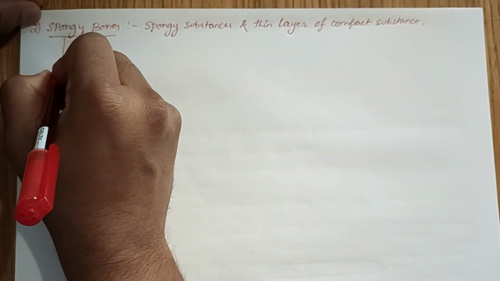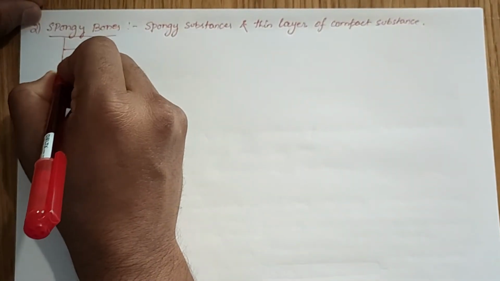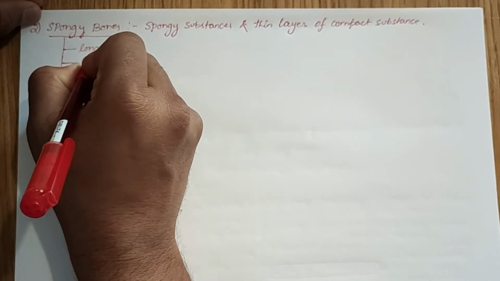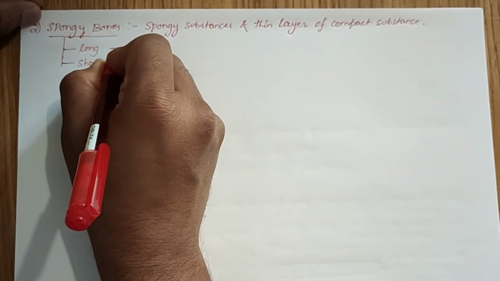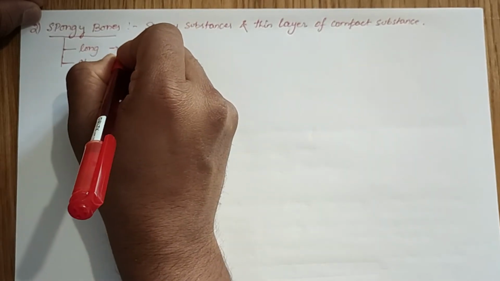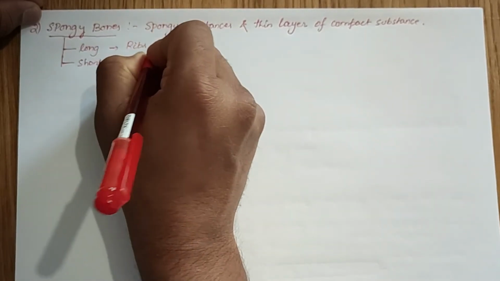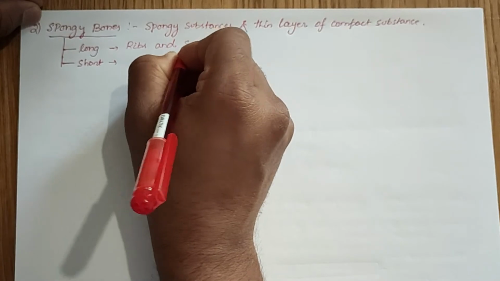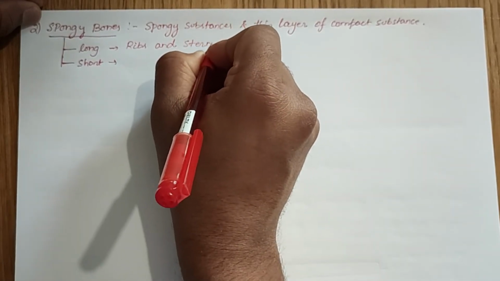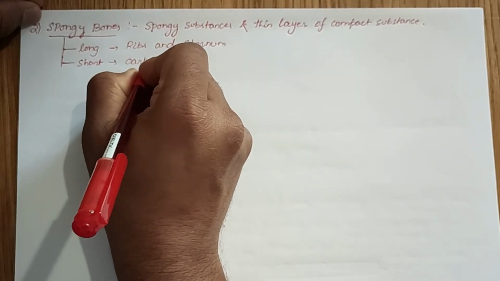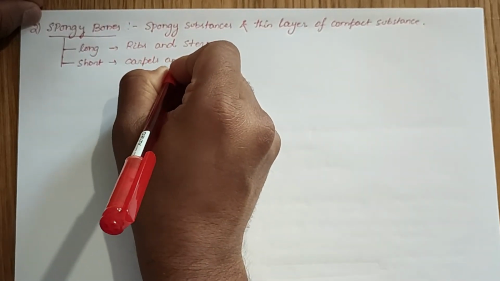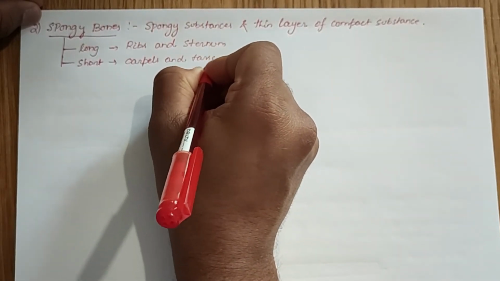They are also divided into long and short spongy bones. What are the examples? Long ones are the ribs and breastbone, that is the sternum, and the short ones are the carpals and tarsal bones.